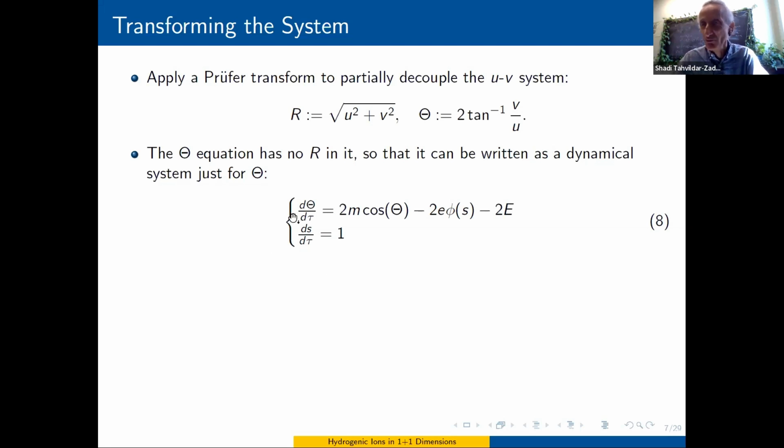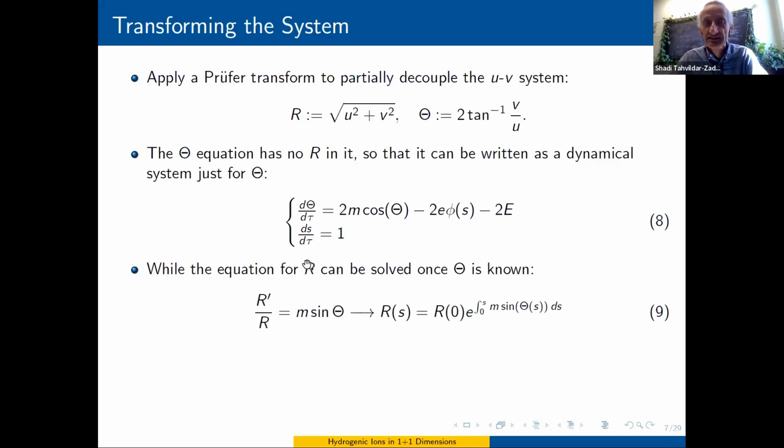So this is what I've done here, right? So now the unknowns here are capital theta, which remember was this, and S, which used to be the space variable. Now that's also the dependent unknown. And then there is this independent variable tau, right? So this is the ODE that we're going to be studying.